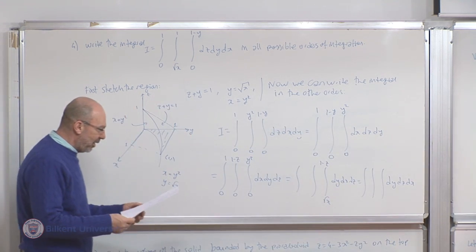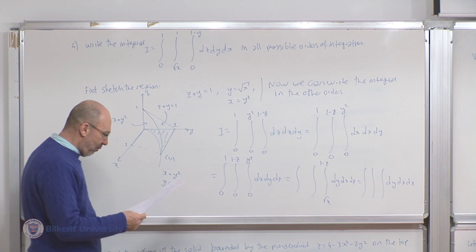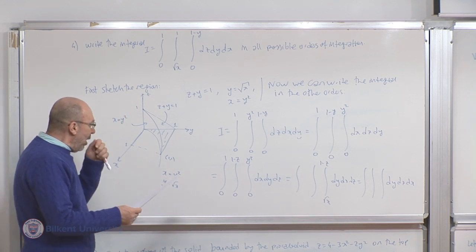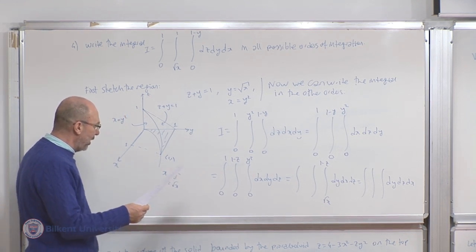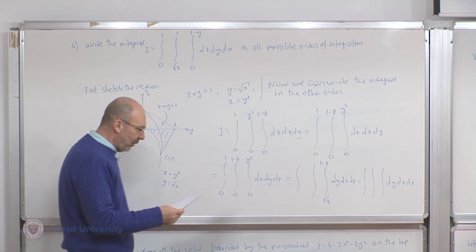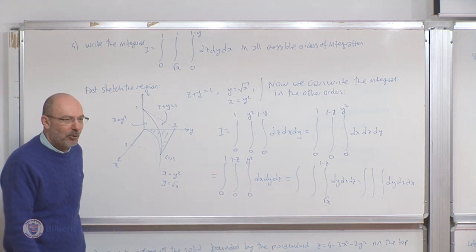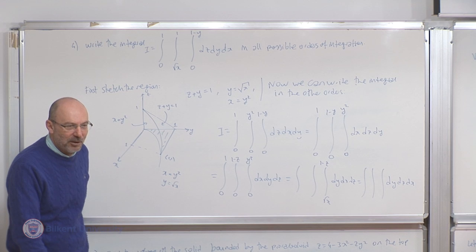Okay, so what is the shadow of that there? Which one is this? dx, dy, dz. I'll ask a more complicated question in the quiz than this one.